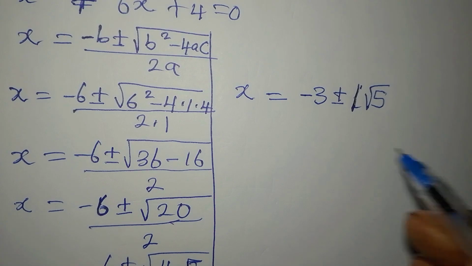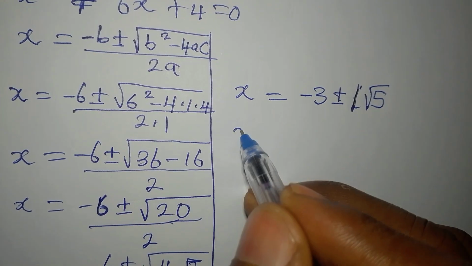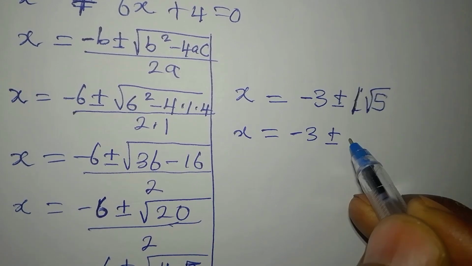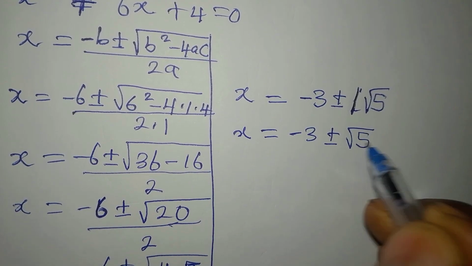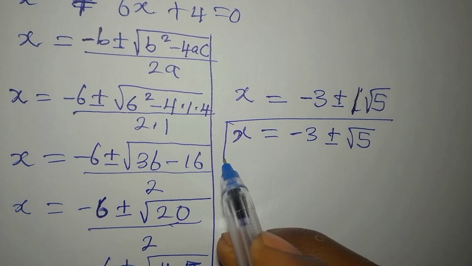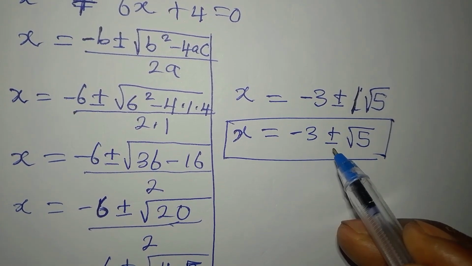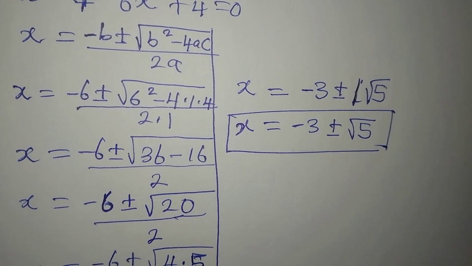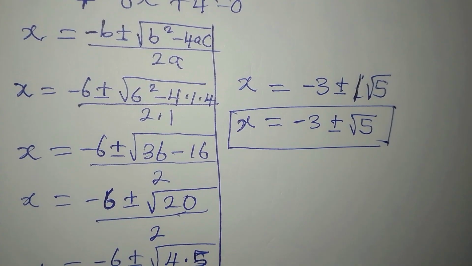But there's no point writing the 1, so x is equal to minus 3 plus or minus root 5. And this is also another 2 solutions because of the plus or the minus that is there. So by this, we have solved the problem completely. Thank you for watching.